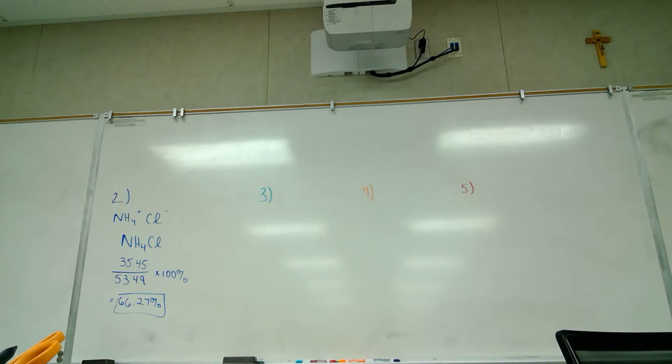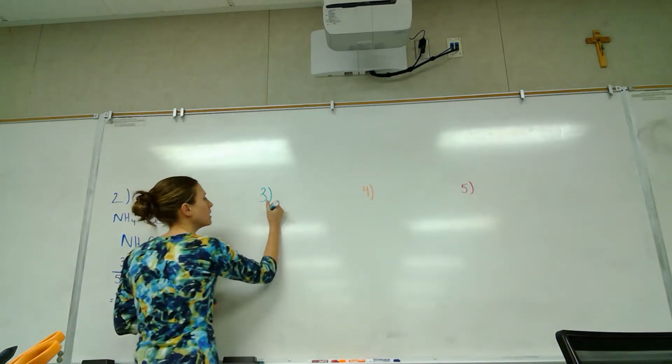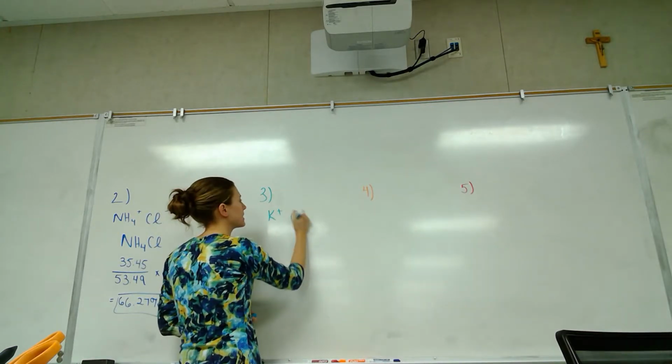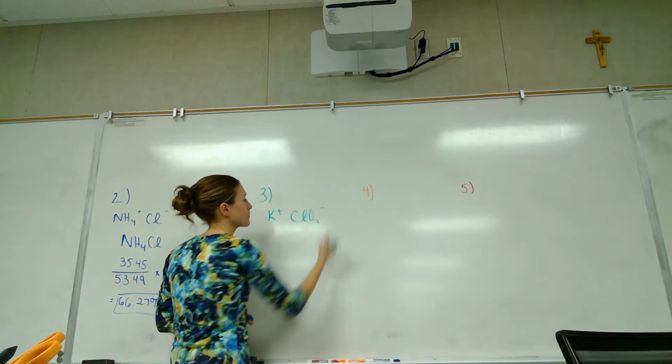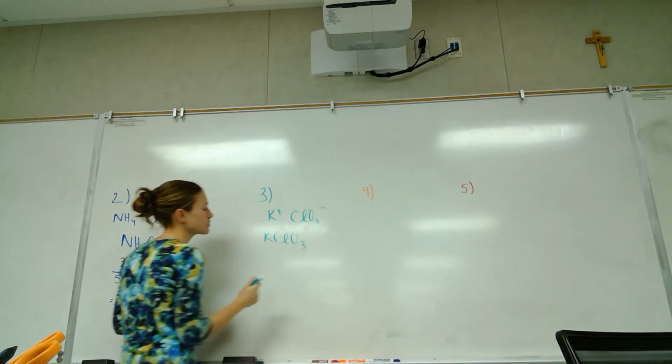Okay. So number 3, what is the mass percent of chlorine in potassium chlorate? Again, you gotta write out your formula. I think this is where most people made their mistakes. So KClO3 is potassium chlorate.